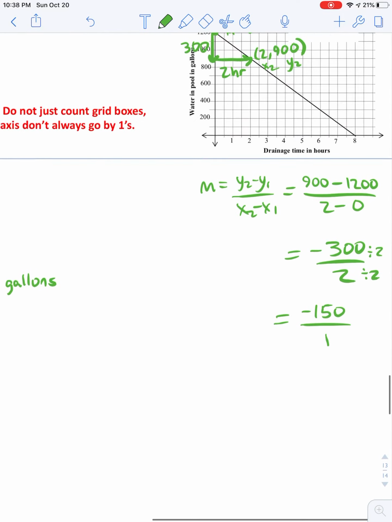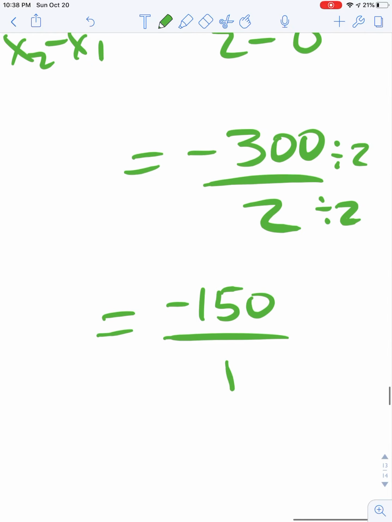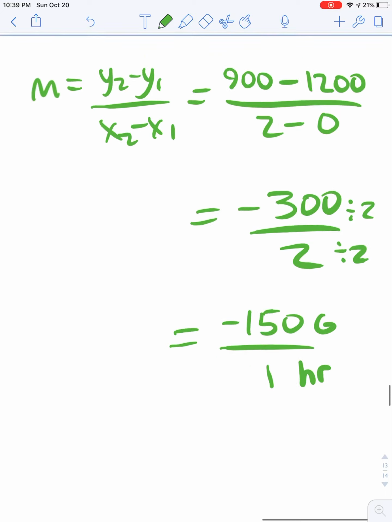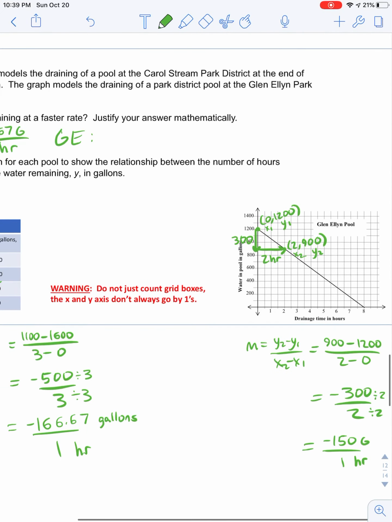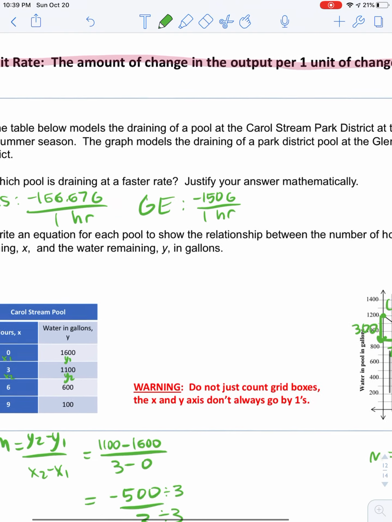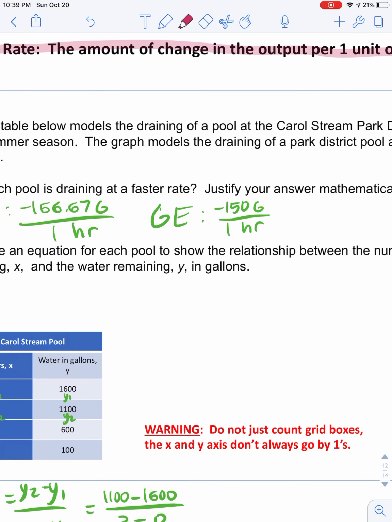And remember, y is talking about gallons. So I'm going to put gallons. And x was talking about hours. So we're draining 150 gallons per 1 hour for Glen Ellen. So I'm going to put that up here. Negative 150 gallons per 1 hour. So now who's draining faster? Well, 150 gallons is not quite as fast in terms of draining as 166.67 gallons.